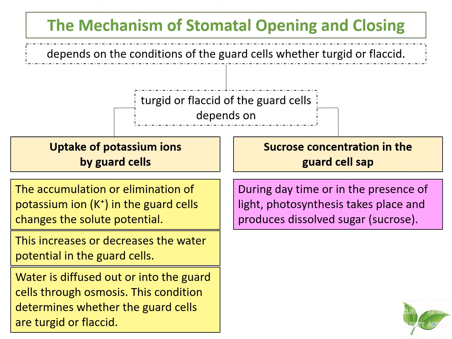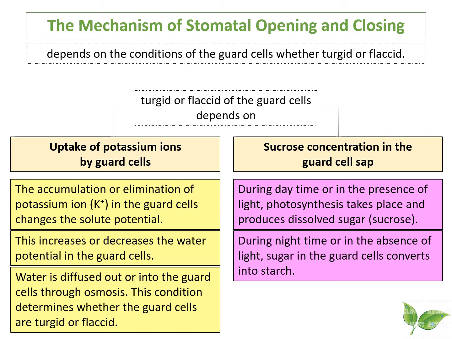During the daytime or in the presence of light, photosynthesis takes place and produces dissolved sugar. During night time or in the absence of light, sugar in the guard cell converts into starch. So sucrose concentration also can affect the condition of the guard cells.